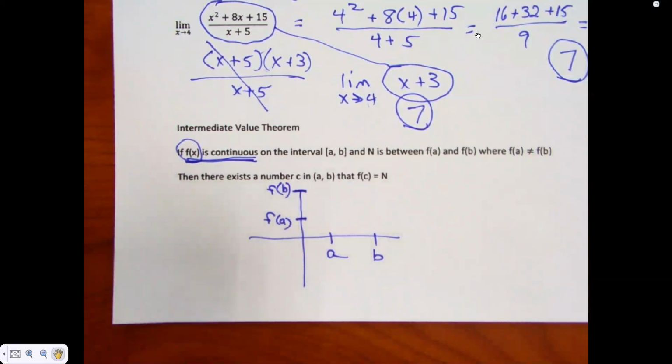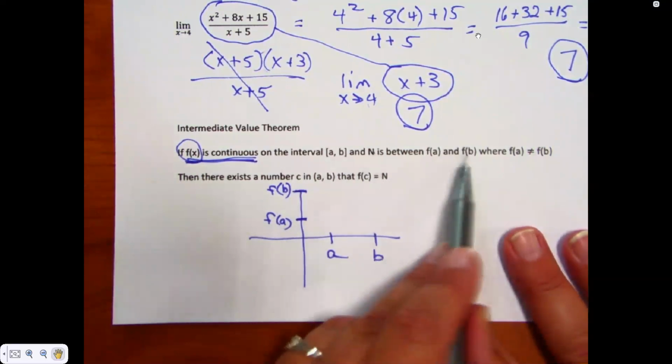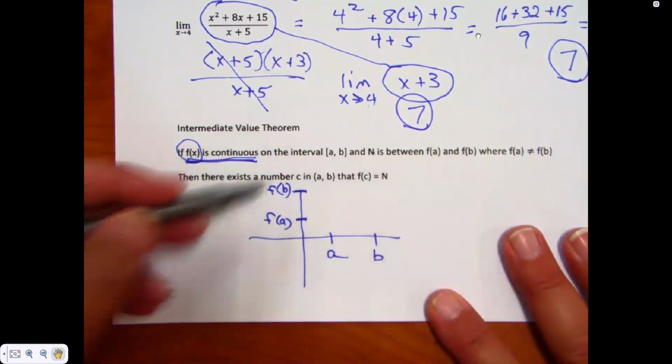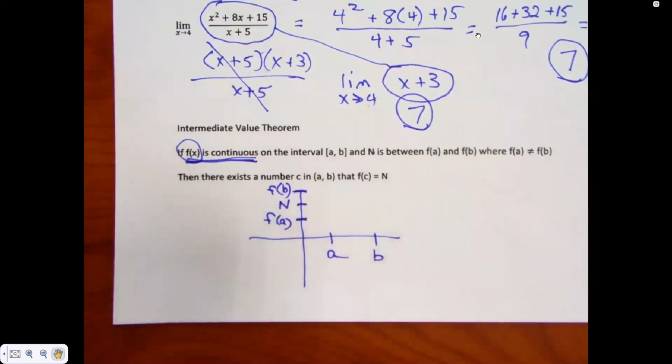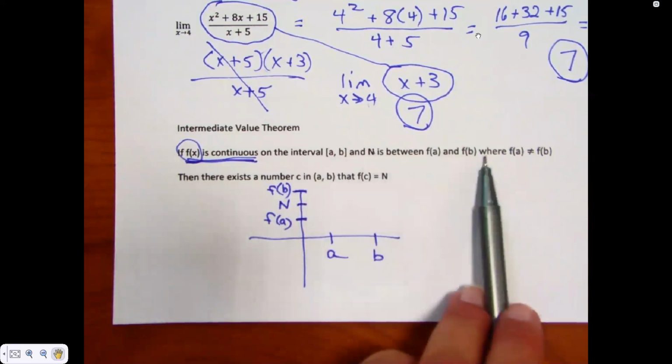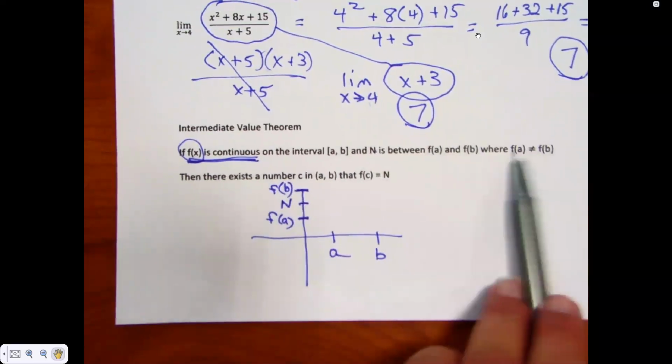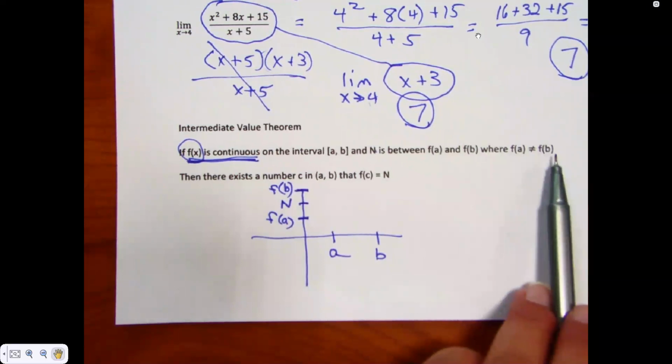So it doesn't matter which one's on top. If you put it on top, don't erase it. It's fine if f of A is on top. What they're saying is there's an n between them. That's all they care about. Okay, so n is between f of A and f of B, as long as they don't equal each other. That's all this is saying.